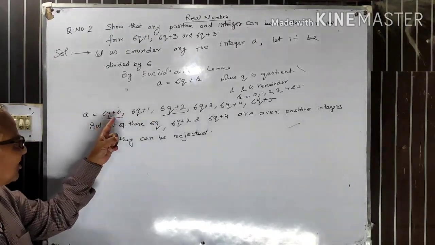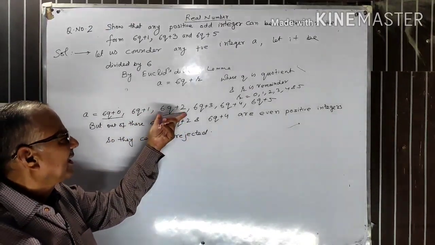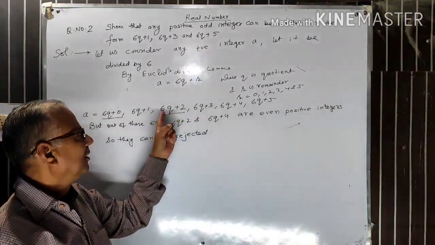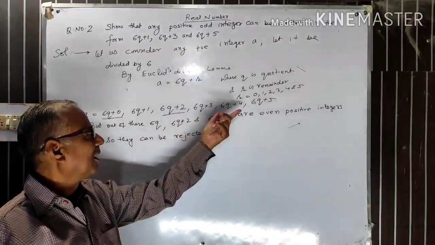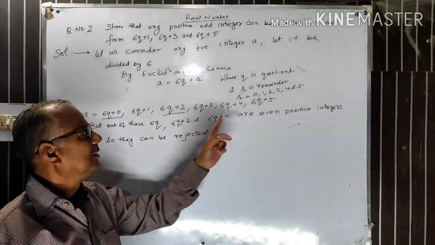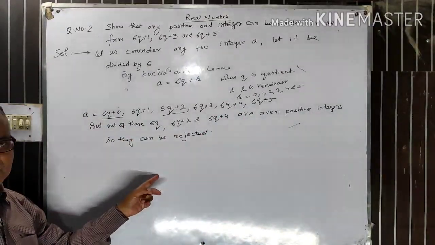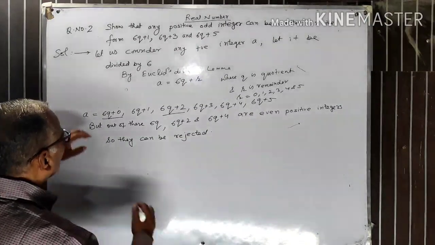Out of these, 6q plus 0 means 6q, and 6q plus 2 is again an even number. You can take out 2 as common, 3q plus 1, so it is an even number. Again 6q plus 4, these are even positive integers, hence they can be rejected because only odd positive integers are required.